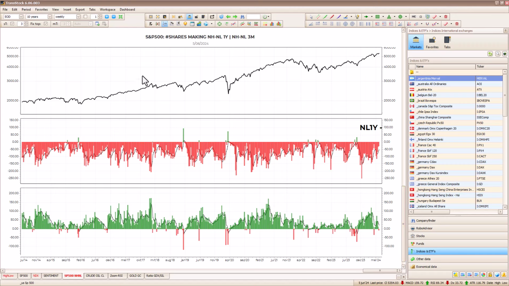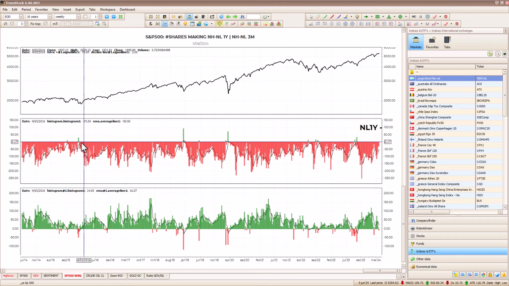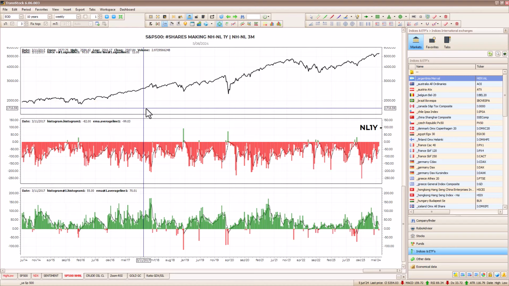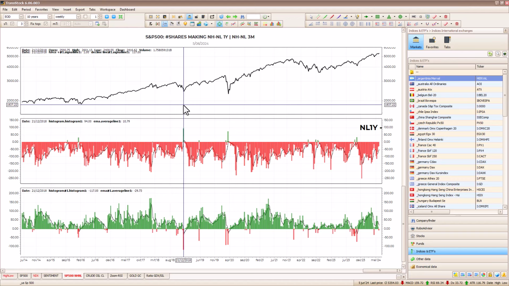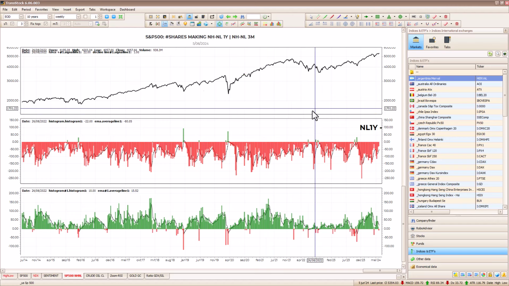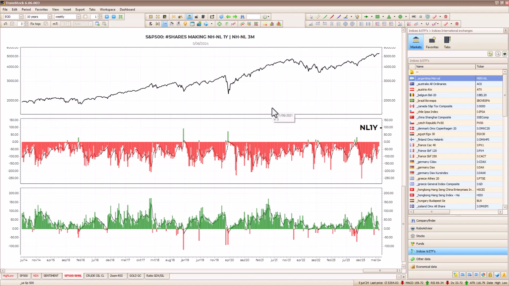When we see a green bar in the middle inner window, we notice that a bottom is in for the S&P 500. That for the market momentum.